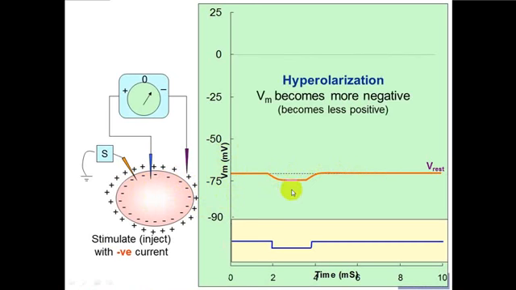So this kind of response is referred to as a hyperpolarization response. Here the membrane potential becomes more negative, hyperpolarization, as opposed to the depolarization we saw earlier. And a stimulus which results in hyperpolarization is referred to as a hyperpolarizing stimulus.